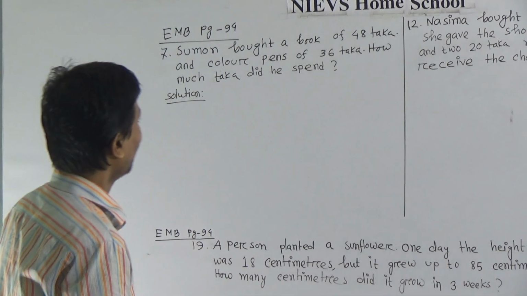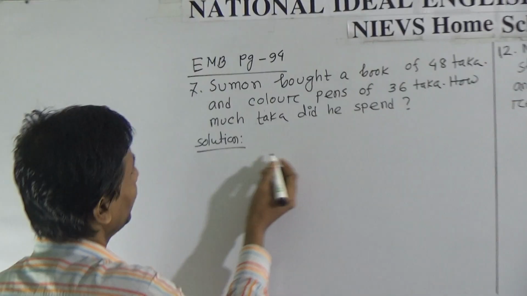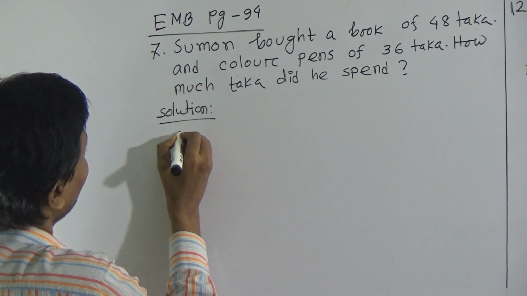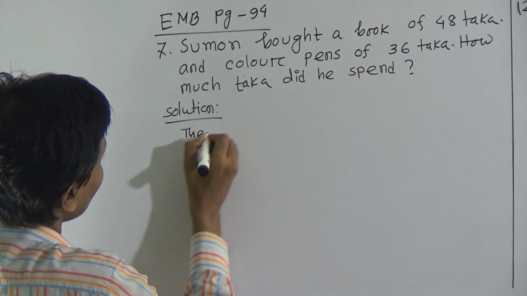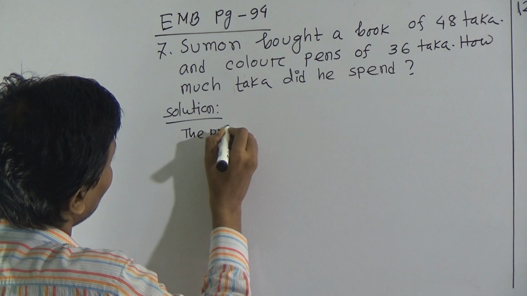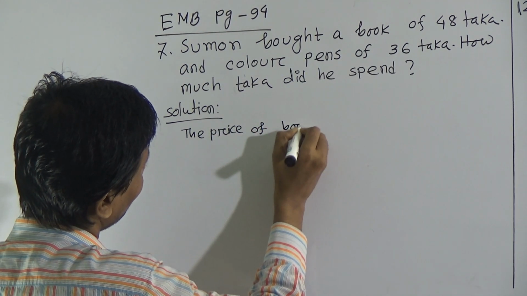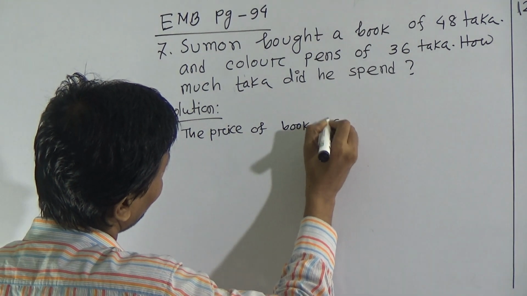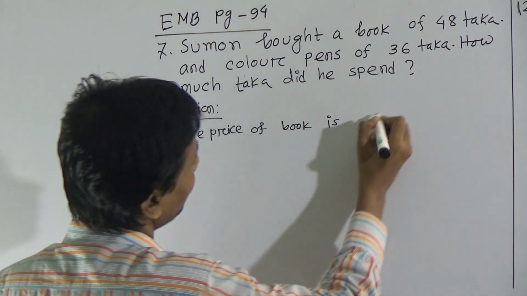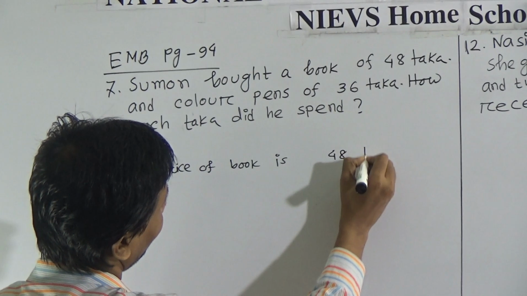Now write the solution. The price of the book is 48 taka.